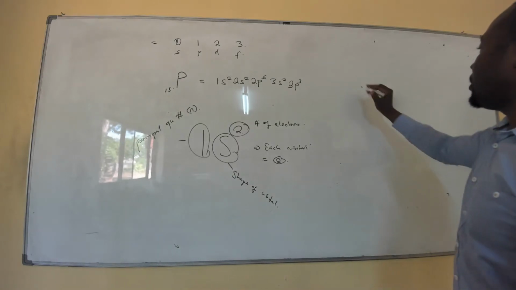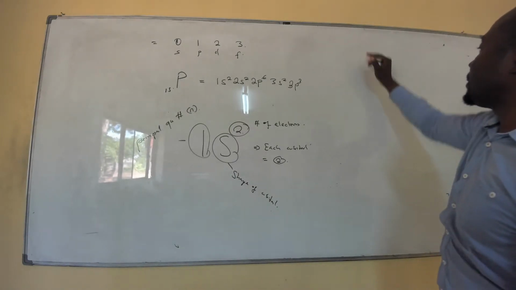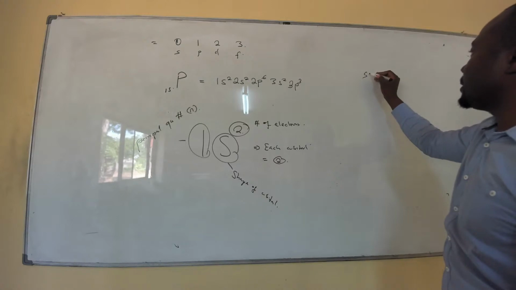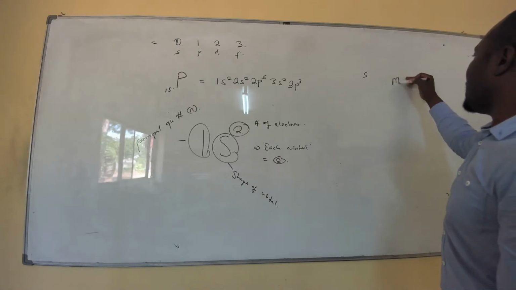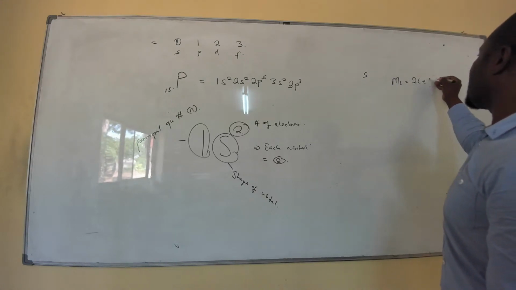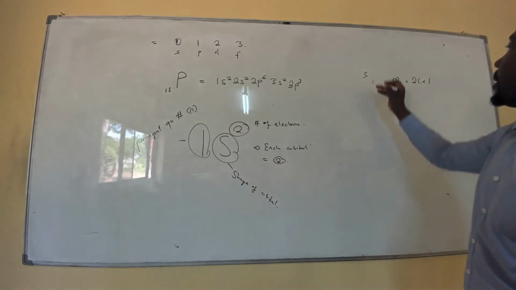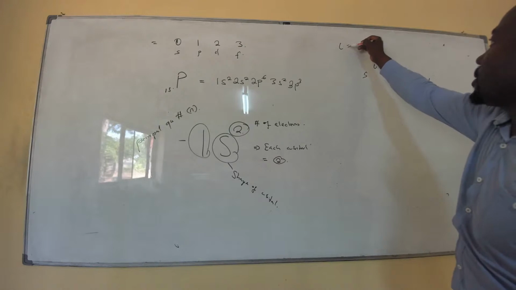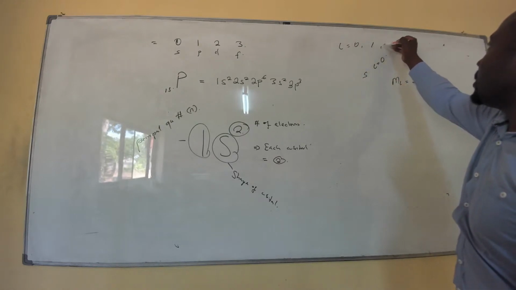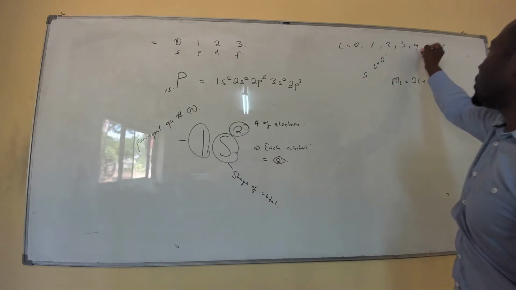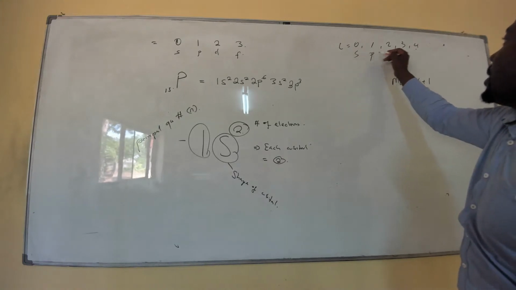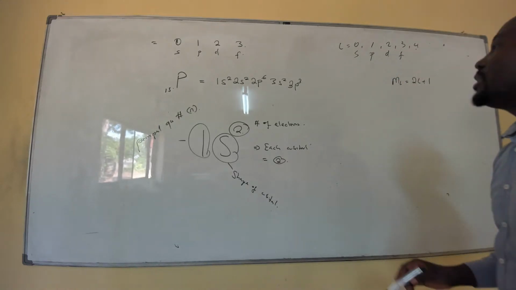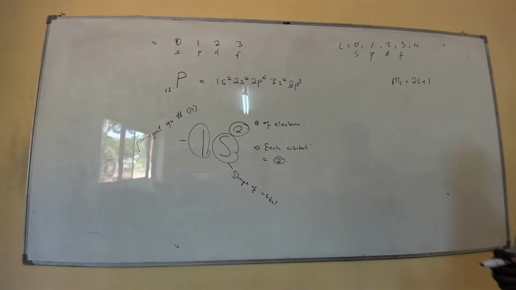The number of ML values is 2L plus 1. For S, L will be equal to 0, and L is equal to 0, 1, 2, 3, 4, which is S, P, D, F, and the list goes on and on.